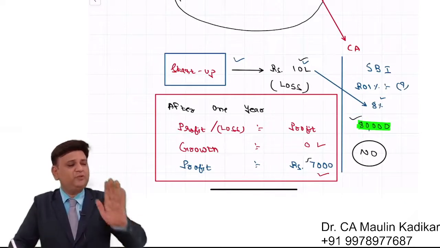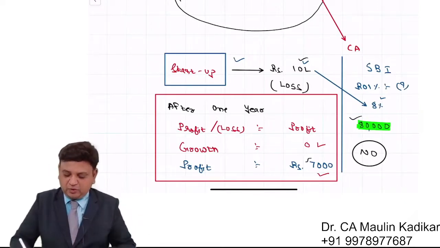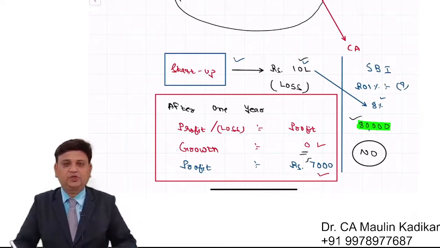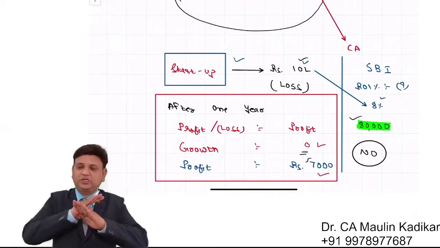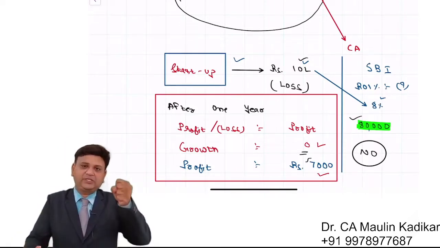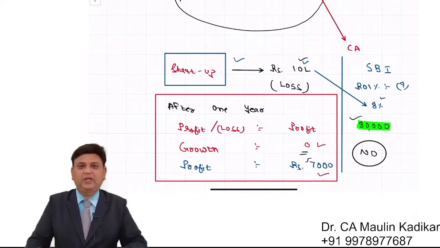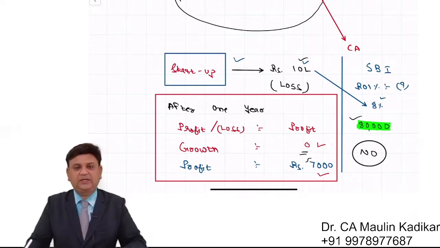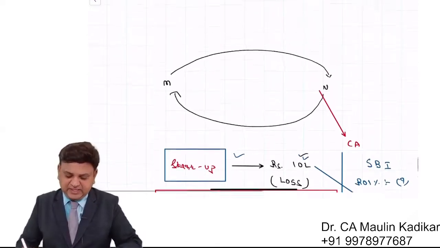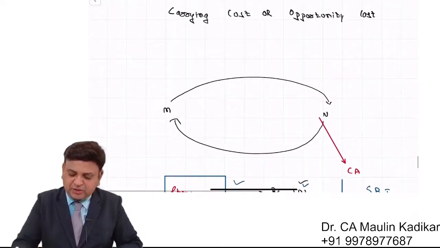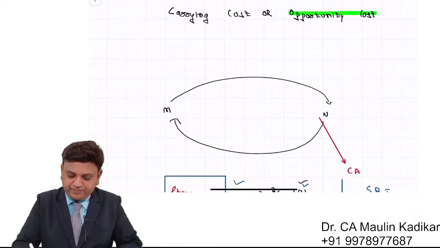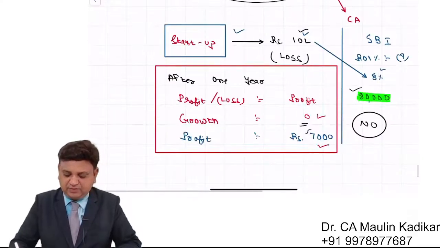And in future, I am not expecting any growth in the business. So definitely, this business should not be carried on, and I must stop doing business. That is what we understand technically. So the opportunity cost of doing business is an amount of rupees 80,000.